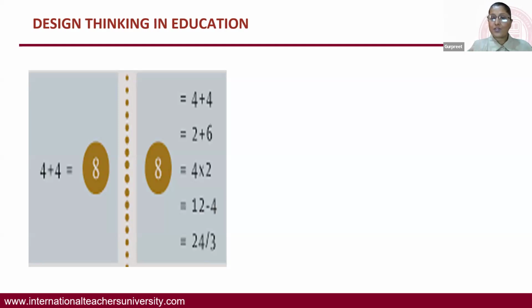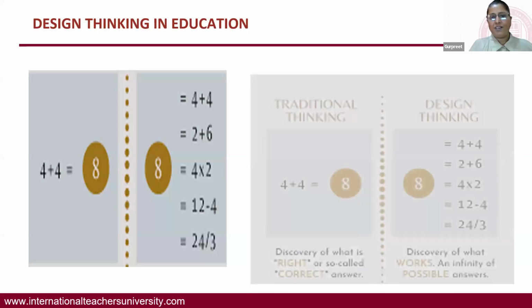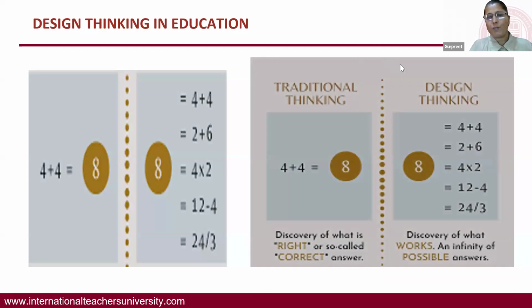So if we are sticking to only one kind of solution to a problem, that is traditional thinking. That is represented by the left hand side. But if we try to look at the problem in different ways, for example, here, if we try to achieve the same digit 8 by using addition, subtraction, multiplication and division, it shows design thinking.